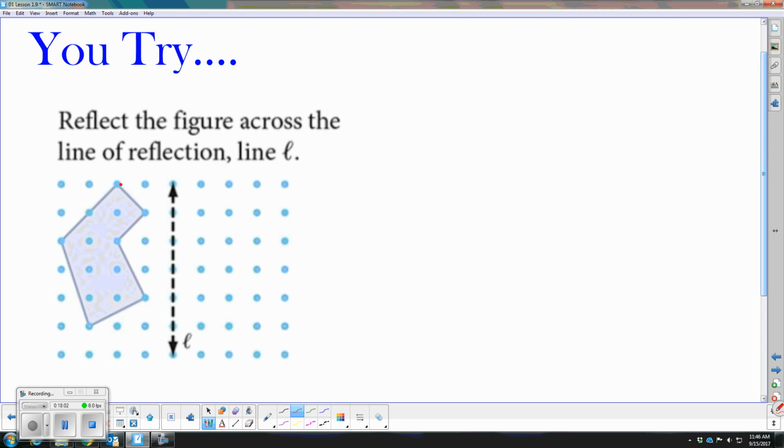So I'll start with this first one. This first one is 2 units from the line of reflection. This point here is 1 unit from the line of reflection, and it's perpendicular.